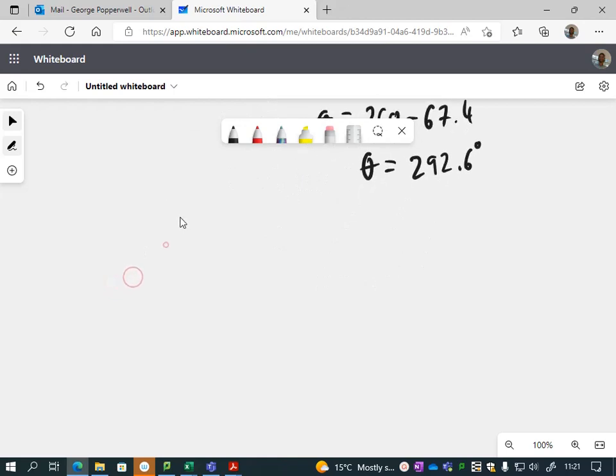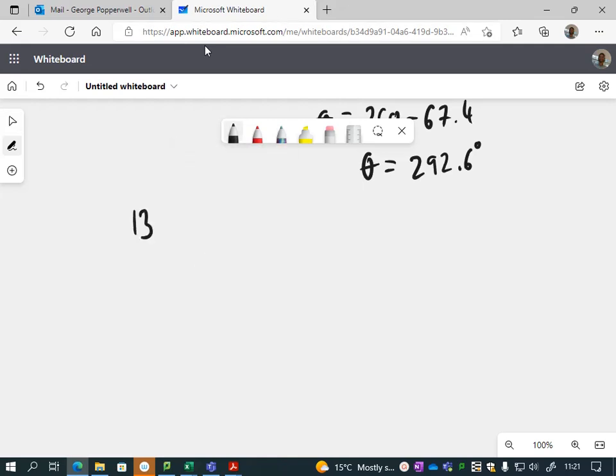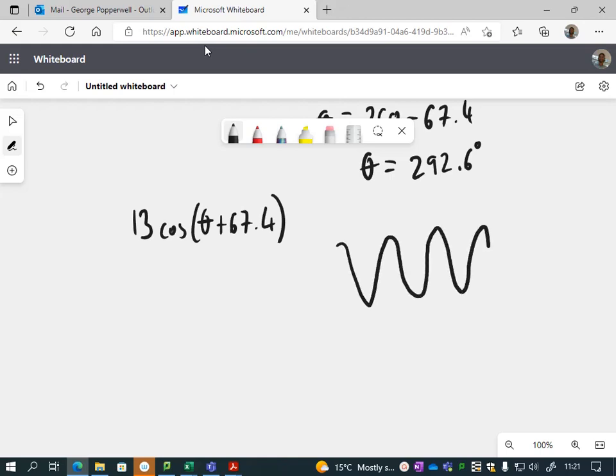Okay, last bit. It said max and min. So I've got 13 cos(theta plus 67.4). What is the minimum and when does it occur? Well, again, cos(theta plus 67.4) is bobbing along between 1 and minus 1.